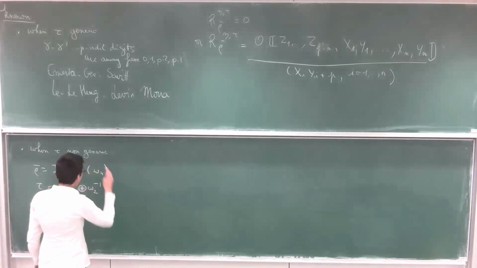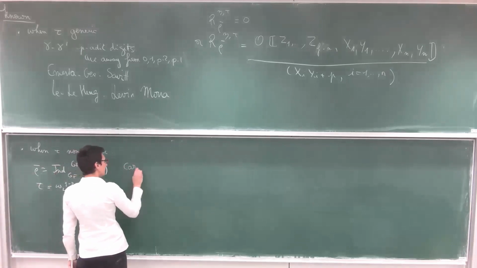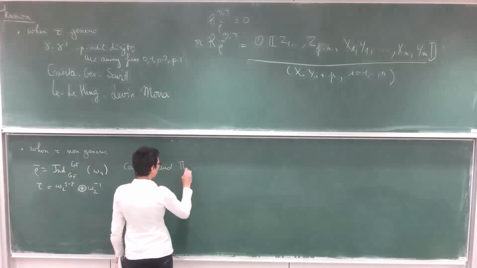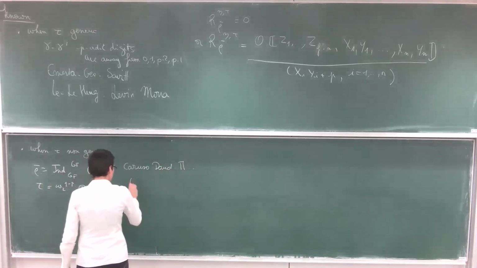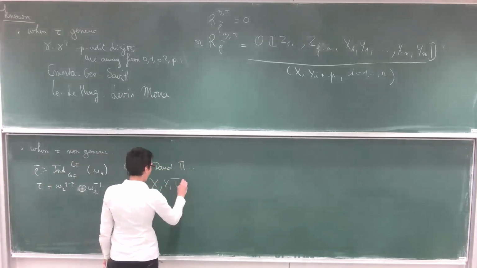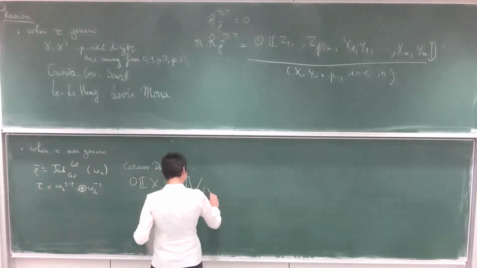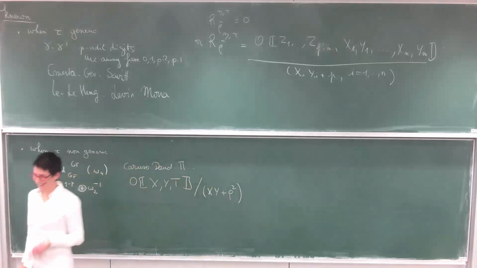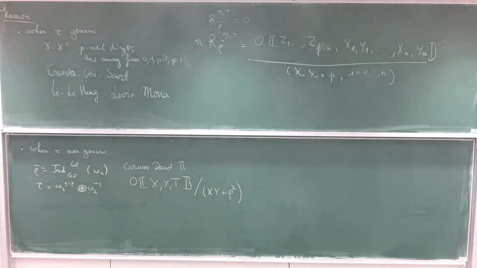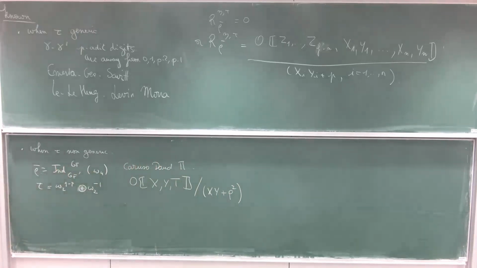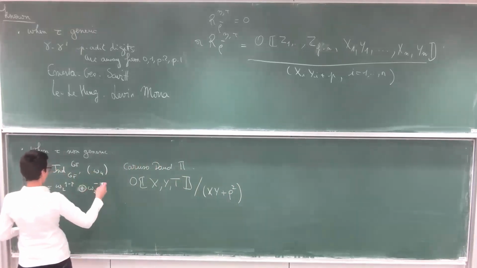In this case, with Xavier Caruso and Agnès David, we proved that the deformation ring was this one. And at this time, we were very happy, because there is a square here.